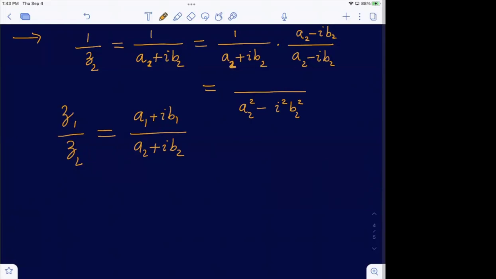The product between two conjugates. And at the top, you have just 1 times this complex number, which is nothing other than a2 minus i b2. Now if you look at the denominator, you can clearly see -1 in the position of i squared.